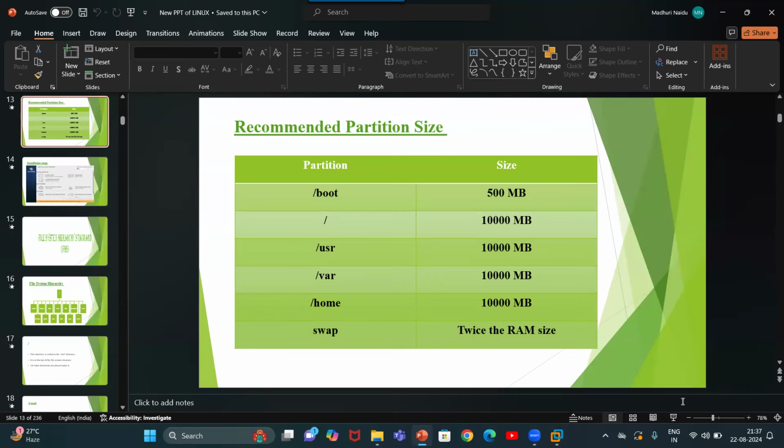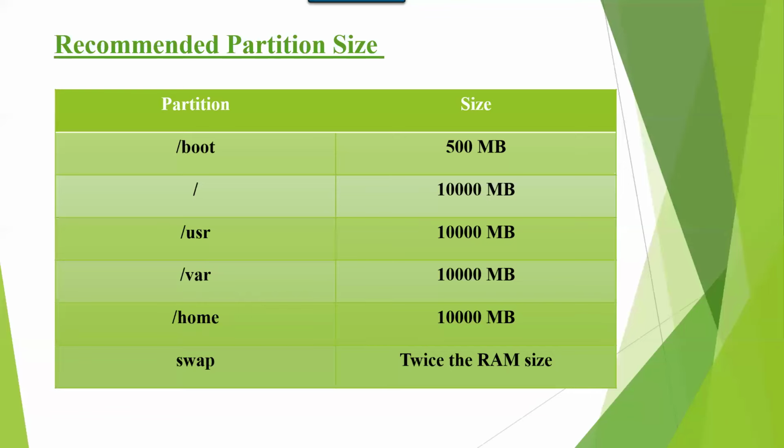And these are the recommended partitions and their sizes to install the Linux operating system. These are recommended, not compulsory partitions. Then what are the compulsory partitions in Linux? Forward slash and swap are the compulsory partitions. Forward slash is compulsory because it is the parent directory.